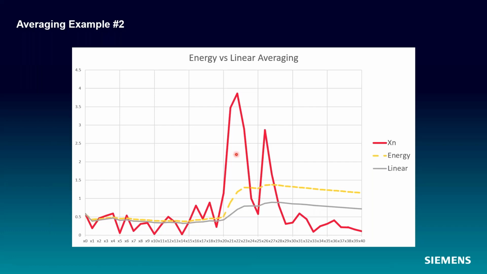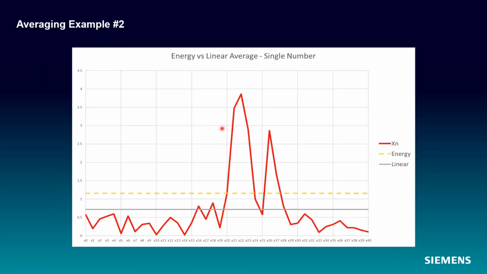Now, this is, again, progressing through time and how this average value progresses as I add these red data points. If I were to say the red is my whole data set and I just want to calculate a single number, just like I did with those overall levels in the very beginning, I don't want to progress through time. I just want to say for this whole 40 data point test, what's the average value? And you see my energy and my linear are different, again, because of that squaring function.